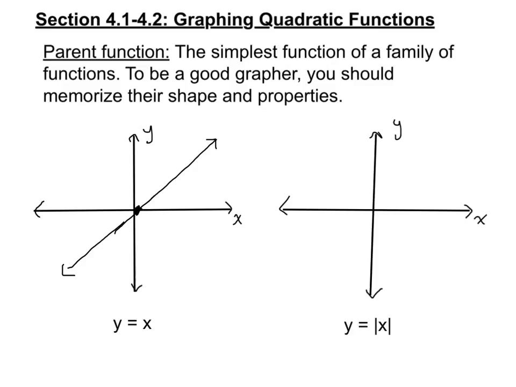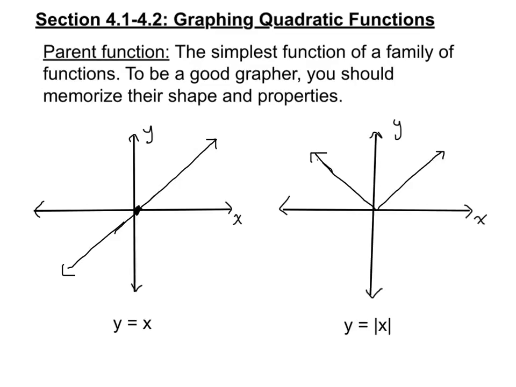Next up, we have y equals the absolute value of x, and for this one, we got pretty good at looking at that parent function because you had to memorize the shape in order to transform these graphs. So we know it forms the V shape with a slope of 1 on the part of the ray that's in the first quadrant, and it has a slope of -1 for the part of the ray that's in the second quadrant.